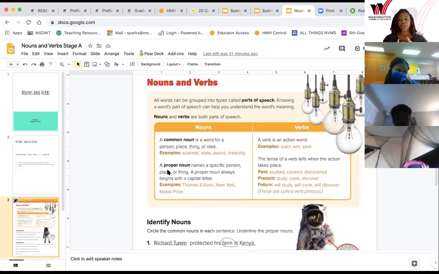Now, the thing that separates a common noun from a proper noun is capitalization. A proper noun is always going to be capitalized. You're always going to capitalize your name. You always capitalize a state or a city. So I want you to give me examples of proper nouns.